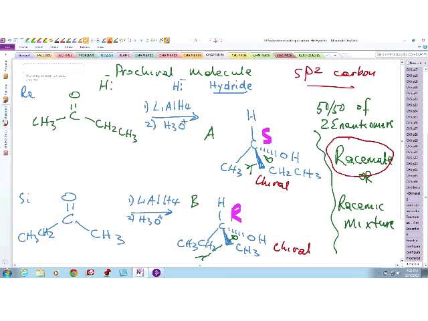Because you have both of them in there. No, I'm sorry. Let me take that back. This here is chiral, right? It's also optically active. That's what I wanted to use. Optically active. And this is also optically active.